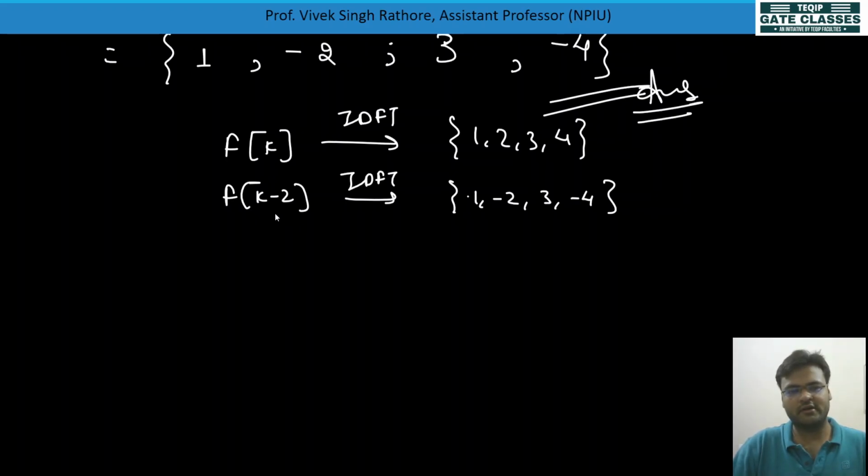Whenever it is shifted by half of its time period, the alternate sign will come. So it may be used as a shortcut for your questions. First check whether it is shifting by half period or not. If it is, just alternate the sign and do it, no problem with that.